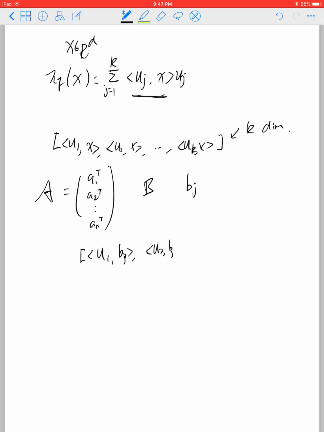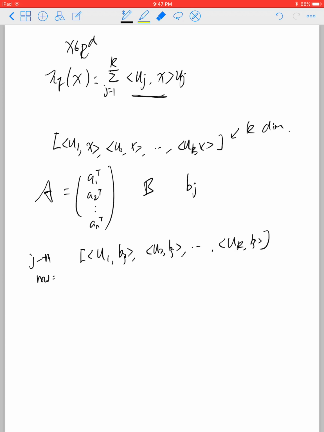Because F is determined by k bases, this projection is a summation of k projected vectors, where each projected vector is the inner product between the basis uj and x, times the basis uj.